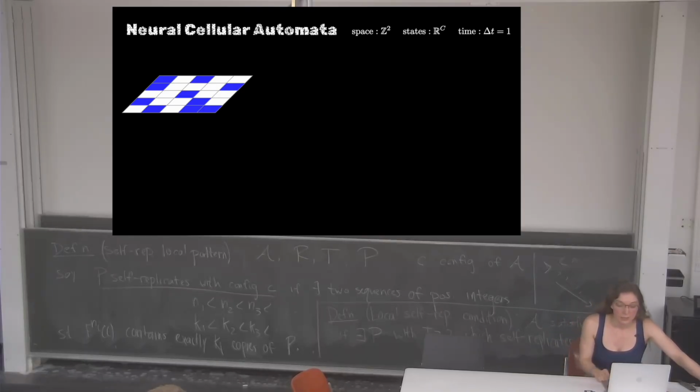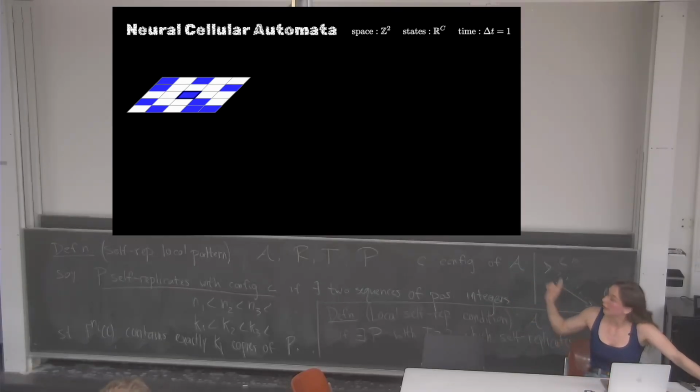So let me again start by recapping what a discrete cellular automaton does, but in a machine learning language. So if we have a binary grid of cells, well, how does the update look if we are interested in how this central cell should change its state?